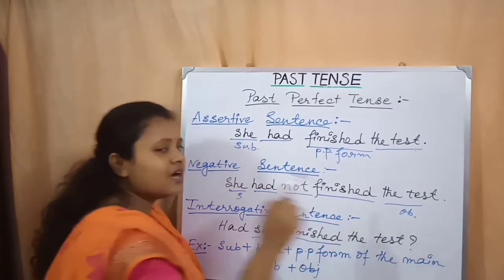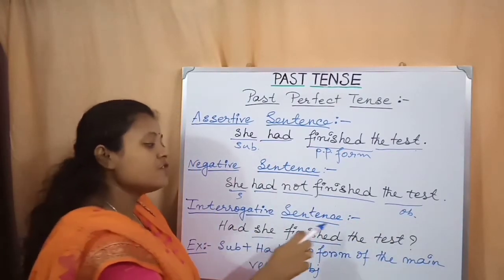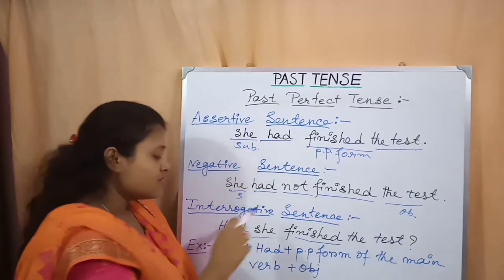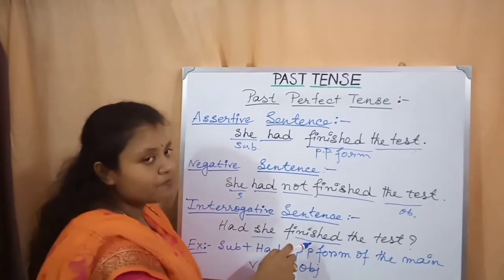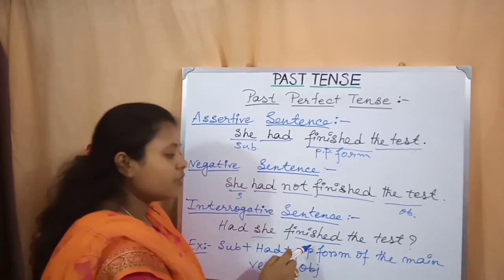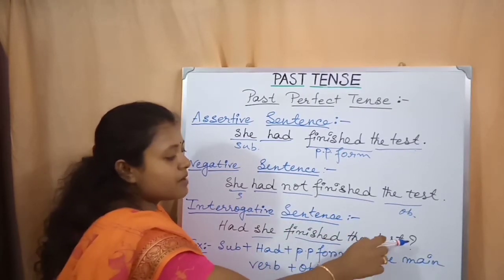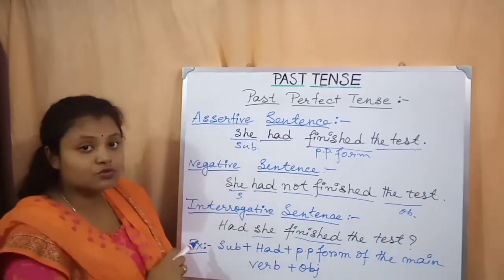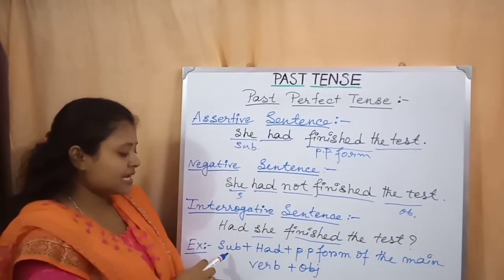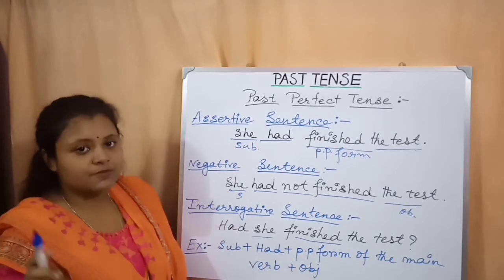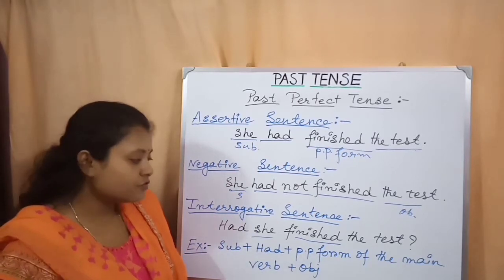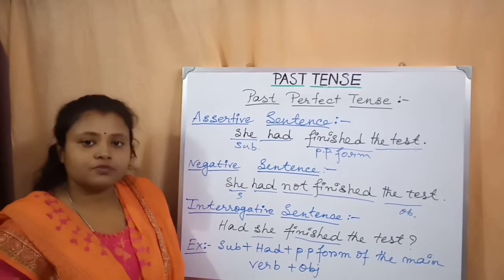Then obviously the question mark. Had she finished the test? So what is the rule? First you have to write the subject, then you have to write had, after that the past participle form of the main verb, after that the object.